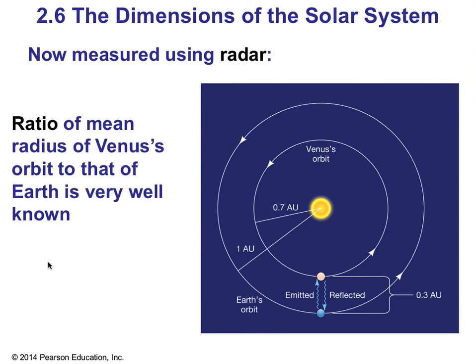Knowing the speed of light, and we know that radio emissions travel at the same speed, we can figure out the distance, knowing the time and the speed of that wavelength.